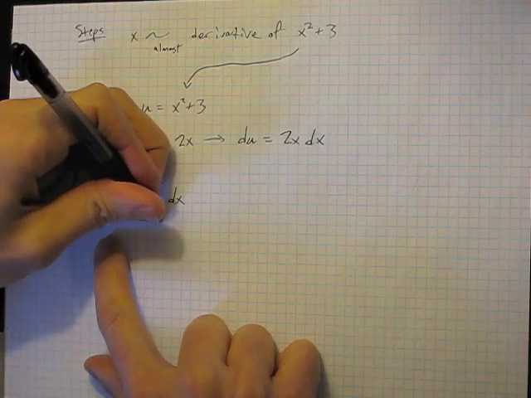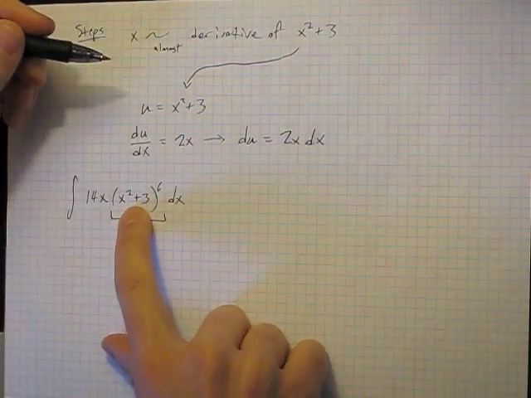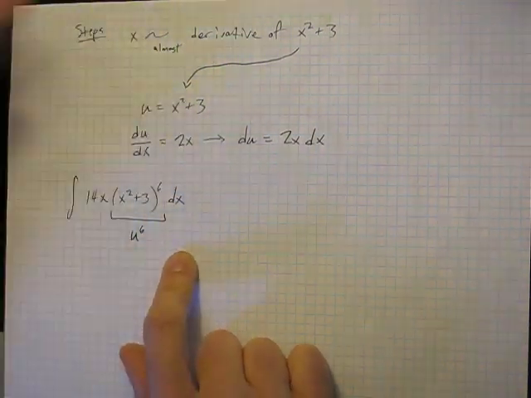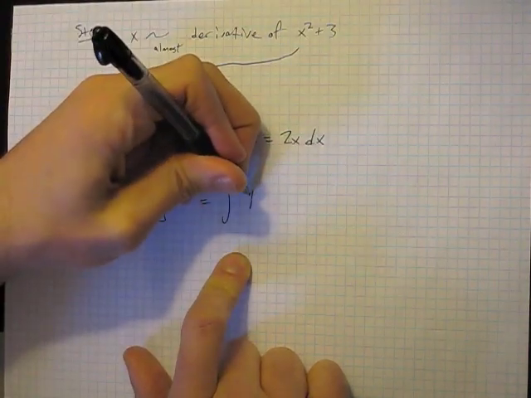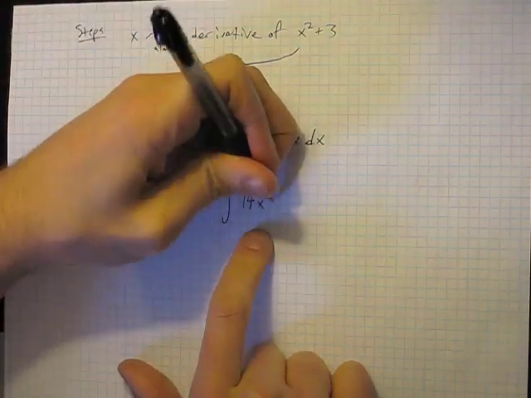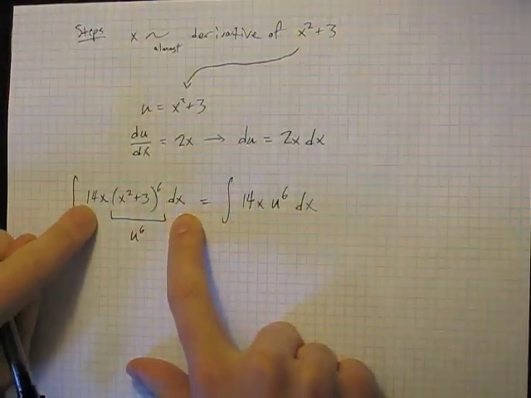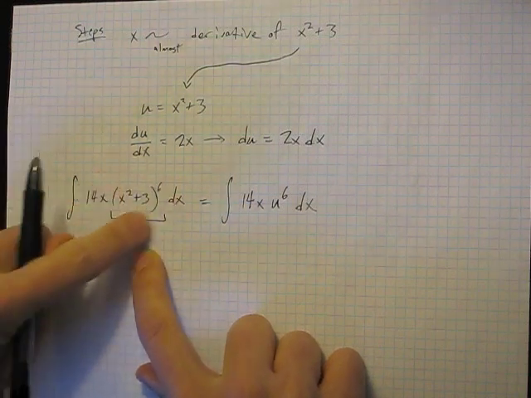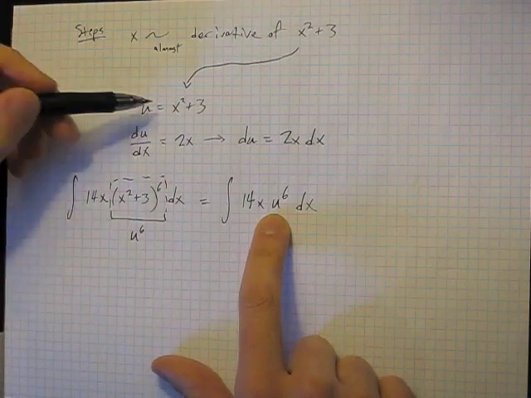If u is equal to x squared plus 3, then x squared plus 3 to the 6th power is u to the 6th power. So we write the integral as u to the 6th power. We leave everything else the same. Notice we've left the 14 times x and the dx symbol the same, but we've replaced this part here by its counterpart with u, okay?